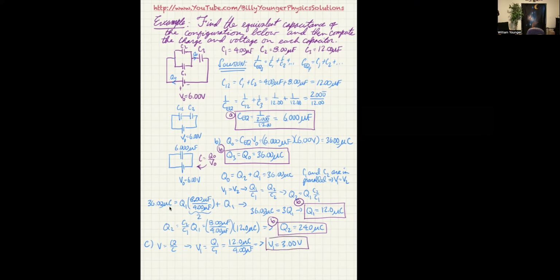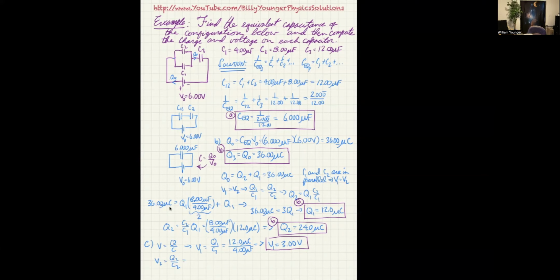Notice V1 is actually in parallel with C2, with V2, so it should be the same, but we'll check that ourselves. V2, excuse me, V2 should be equal to Q2 over C2.